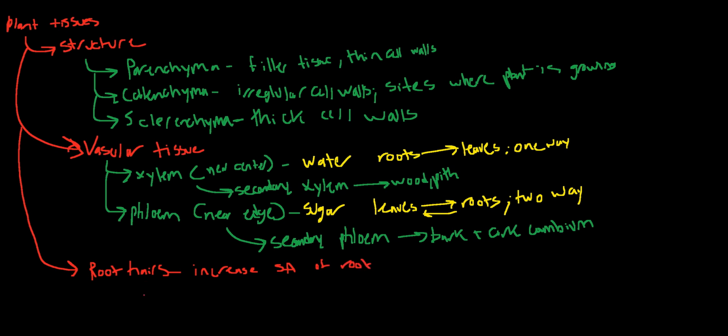And we also have something called the epidermis, kind of like the one on our skin. It's a protective layer that not only protects the plant from the outside, but also reduces water loss in the plant. So protection plus water loss.